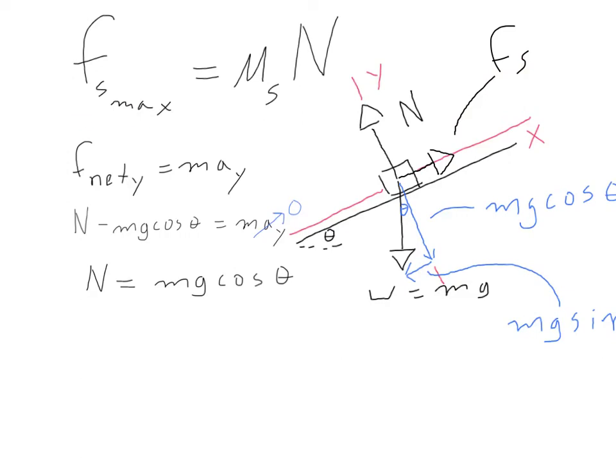It's not sliding. And in fact, static friction force will adjust itself to be exactly the value of this mg sine theta force. That's what it does. It exactly cancels out all other forces. So if mg sine theta is less than this number, then we know this block is stuck. It's not sliding.